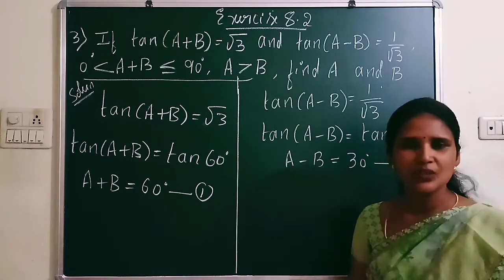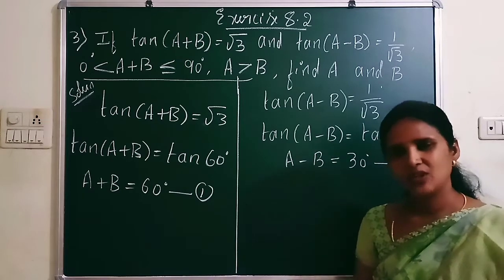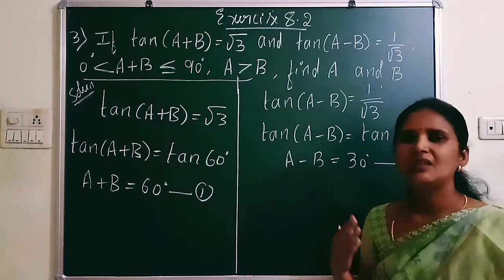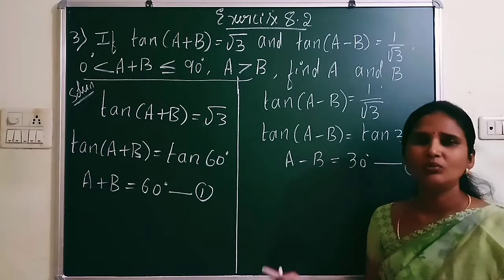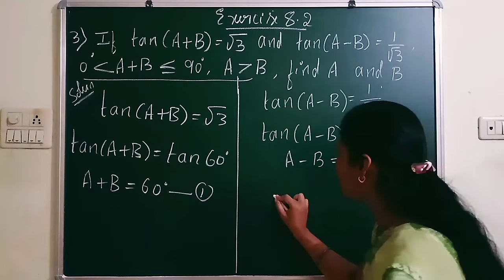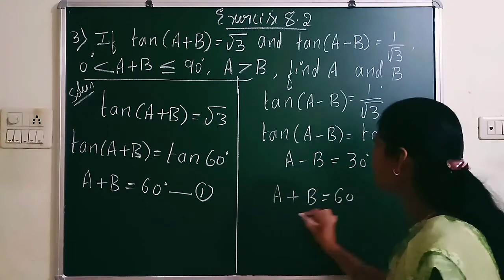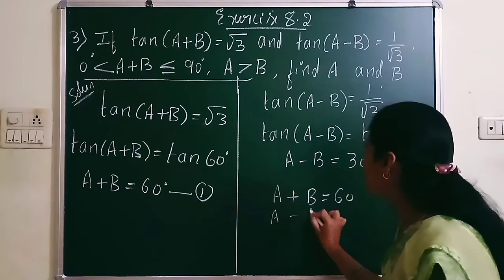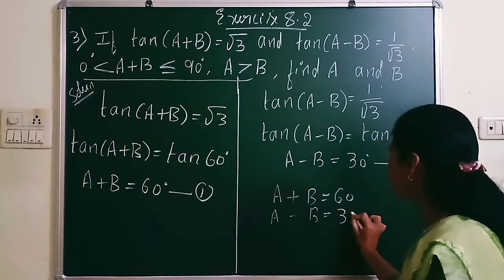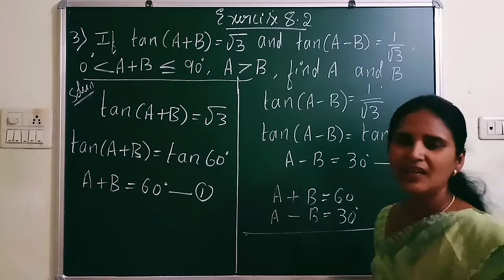You know the three methods which you already learned in pair of linear equations: elimination method, substitution method and cross multiplication method. Among the three, the easiest one is elimination. So let me start with the elimination method. Write A + B equal to 60 degree and A - B equals 30 degree, one below the other, and try to eliminate any variable.